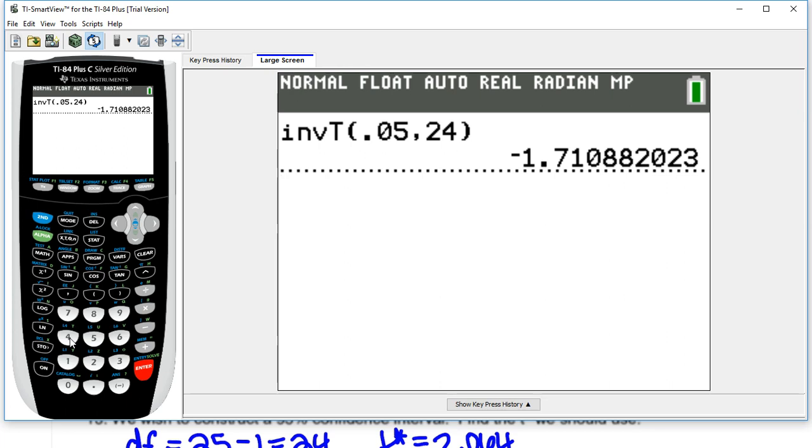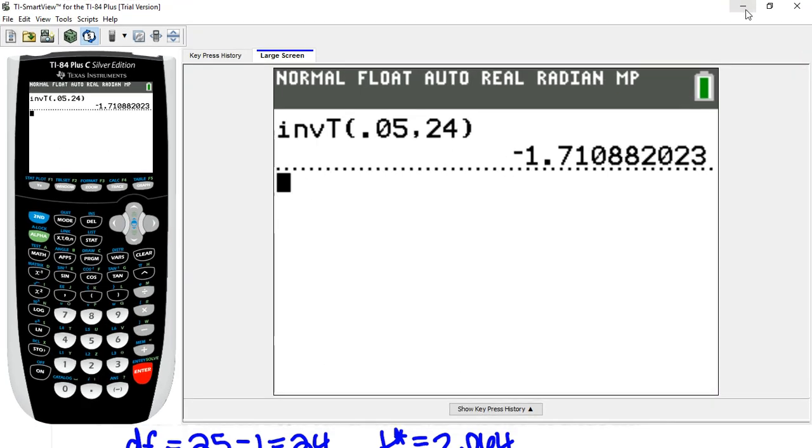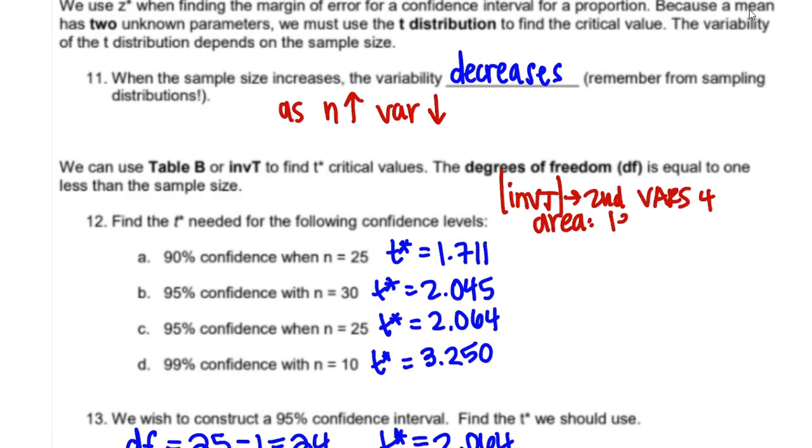So we have area is the left tail, and the DF is your sample size minus 1. And so you can use that instead of table B, but table B is also great. I showed you how to use it already, so either one works.